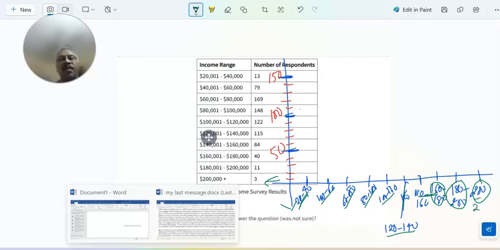Then we can easily mark the first one, which is 13. Now 13 will be like, this is 10, 20, so somewhere here. You can make one bar like this.